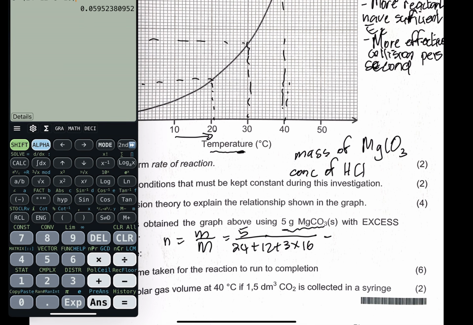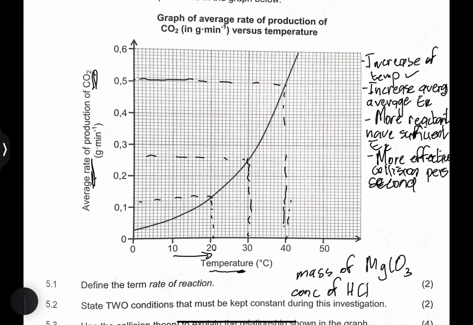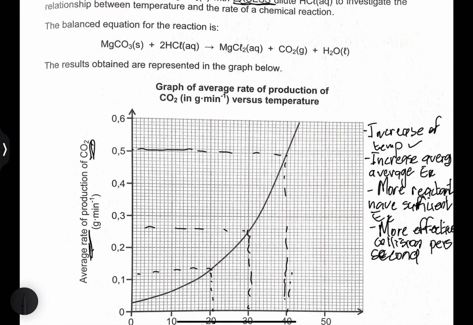So it means that we've got an amount of 0.06 moles of magnesium carbonate. So let me just annotate that there. So that's the number of moles of magnesium carbonate. But now I want you to please note, in this case, for every 1 mole of magnesium carbonate, we also get 1 mole of carbon dioxide.